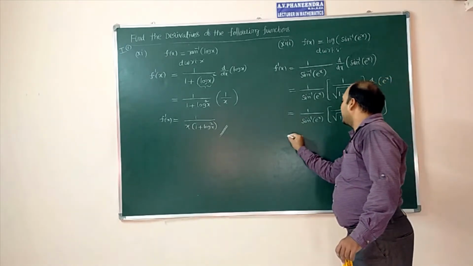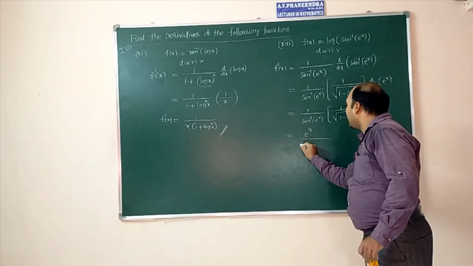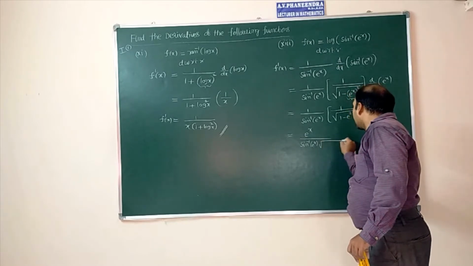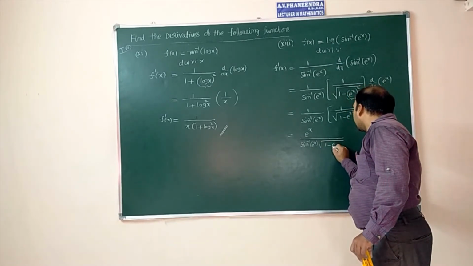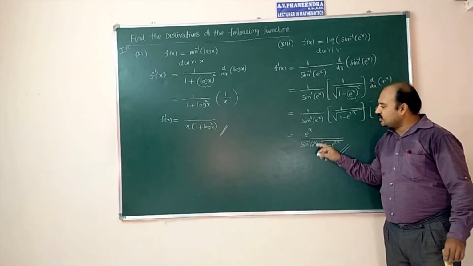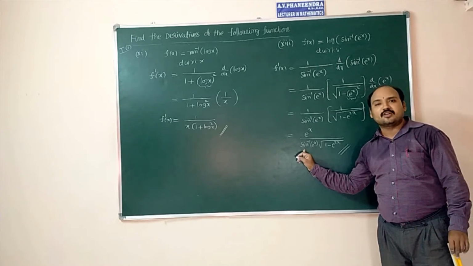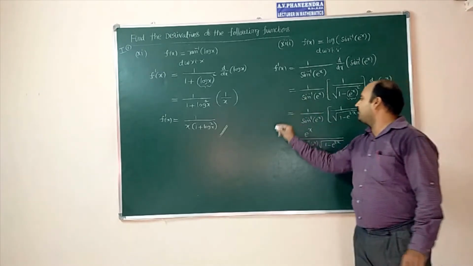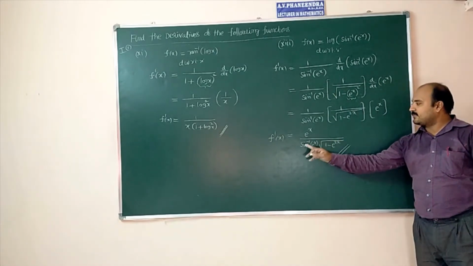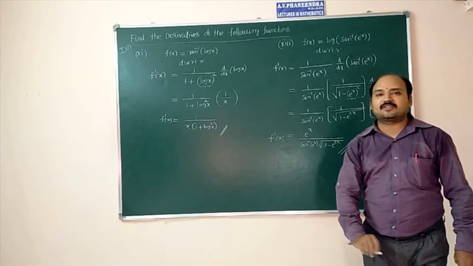So we can write e power x into 1 is e power x in the numerator, divided by sine inverse of e power x into square root of 1 minus (e power x) whole square, that is e power 2x. You cannot cancel these two terms. Why? Because e power x is involved in the sine inverse function. So we cannot cancel. Therefore, the derivative of the given function, f dash of x, equals e power x by sine inverse of e power x into square root of 1 minus e power 2x.